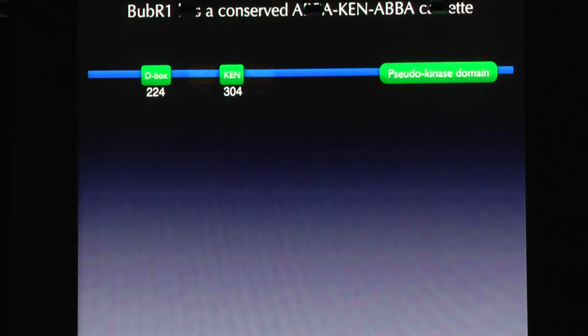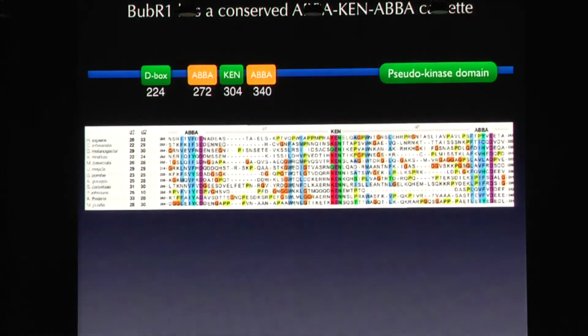And what Barbara found, in collaboration with Norman Davey, a bioinformatician, was that there are two of these Abba motifs flanking this Ken box that Daisuke had shown was important for the checkpoint. And this cassette of an Abba motif, a Ken box, and another Abba motif is one of the most conserved features of the checkpoint family. It's found in plants, animals, and fungi.